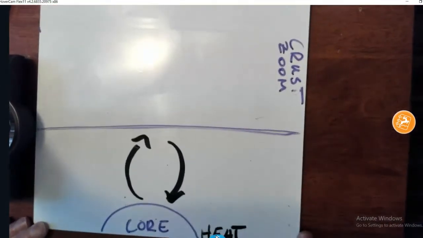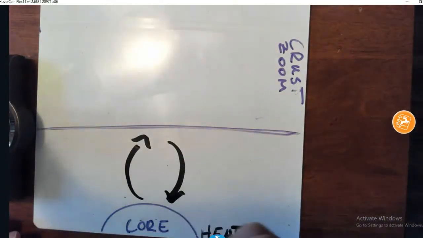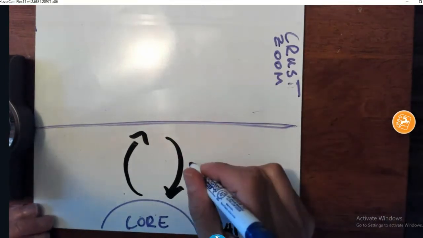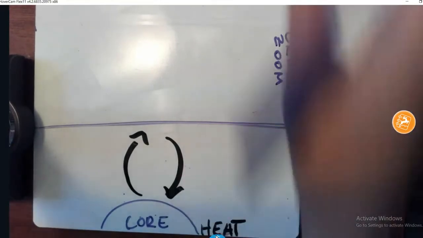Okay. So next, I would show that there is some convection happening, and I can actually write that down, or I can create a key. Let's see. I guess I can just write it down.